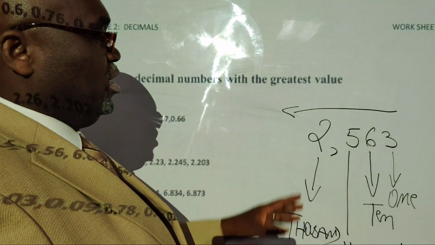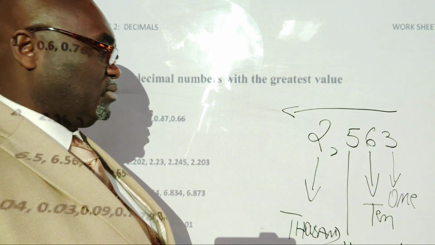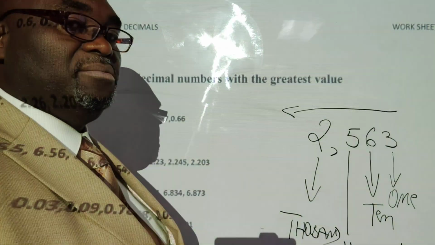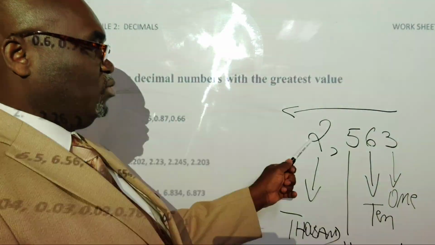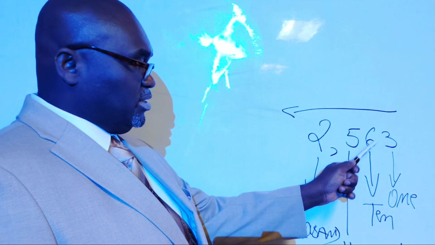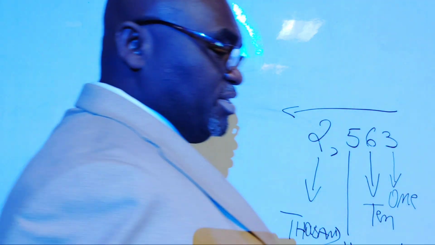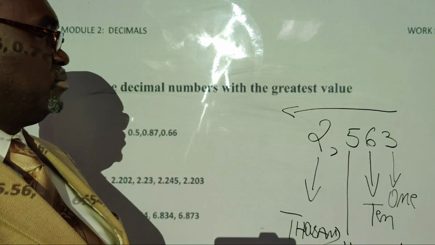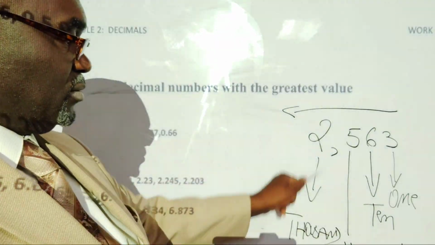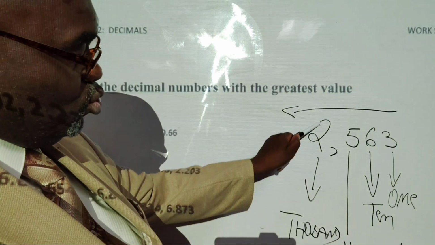All right. If you expand this, what do you see? You get 2,000.